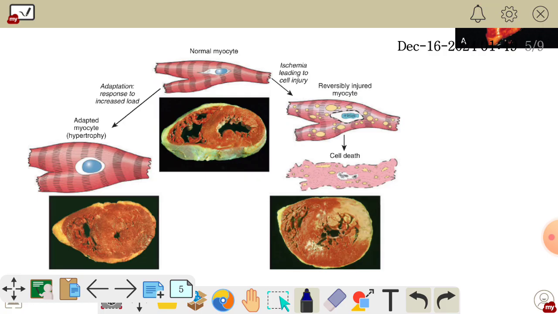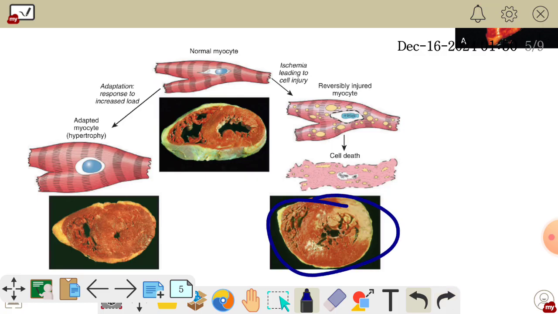Okay, but this is different from where the cells are dying, that is where necrosis is taking place. So in an event of ischemia, where we have a blocked supply to the cells of the cardiac muscle, we are going to experience necrosis. So the cells will not hypertrophy, but they will simply die.